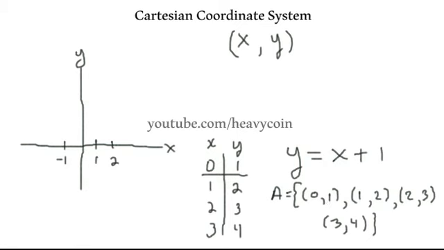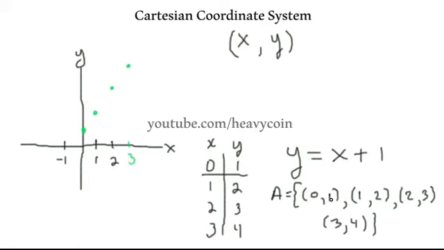So 0, 1, and of course I want to use some different colors here. We're at 0 and we go up 1 unit. Right, so that's where this ordered pair is located. Then 1, 2: over 1, up 2, right here, and then 2, 3: over 2, up 3, here, and then 3, 4: 3 is right here, and then up 4 is right here.